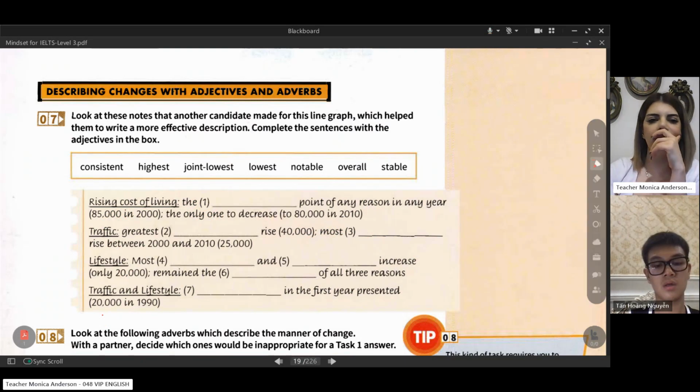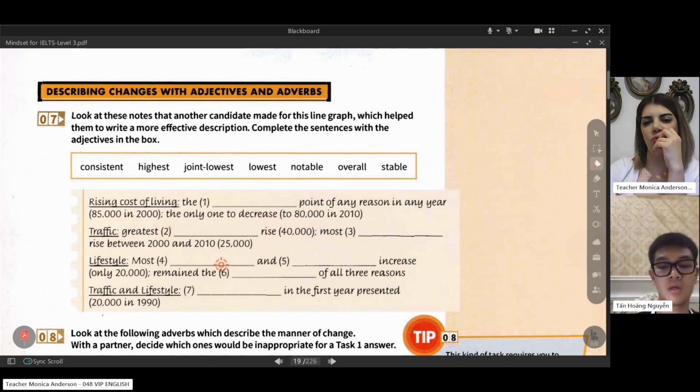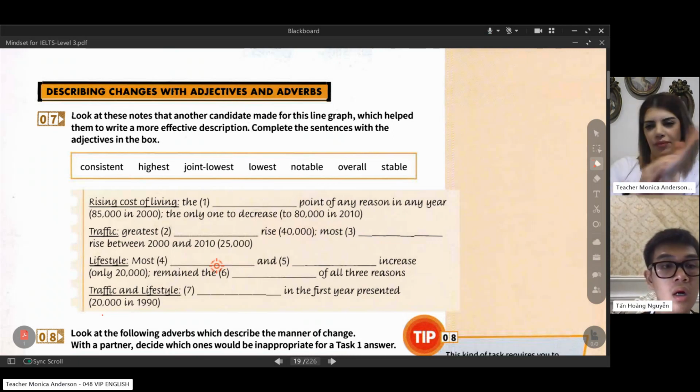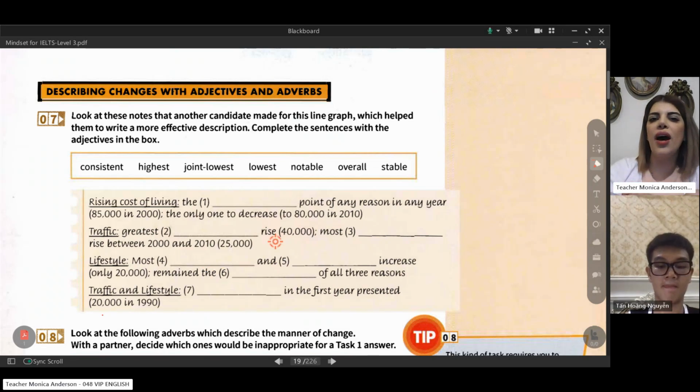And number 2, traffic: greatest. As you can see, the whole rise is 40,000.